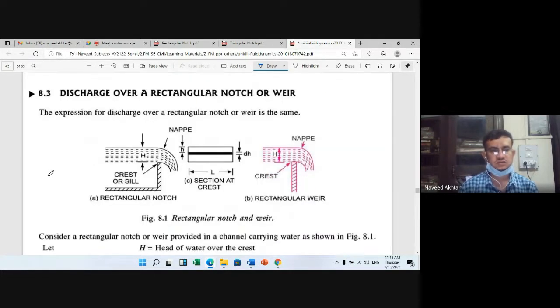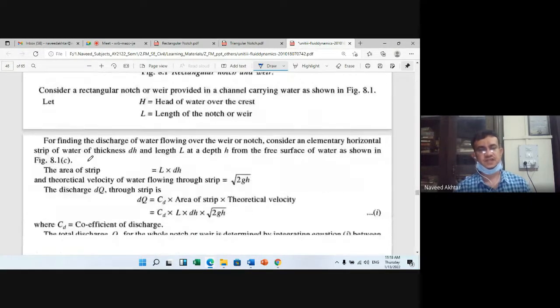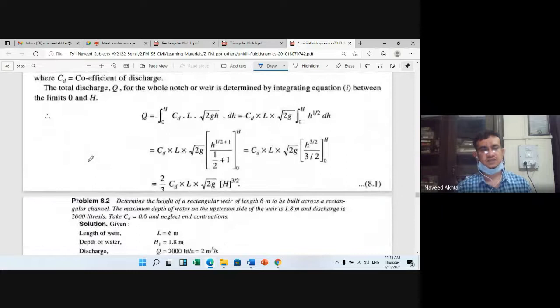So generally we are measuring the discharge over the weir. The discharge formula you can derive from this equation, and we will share this in the class.